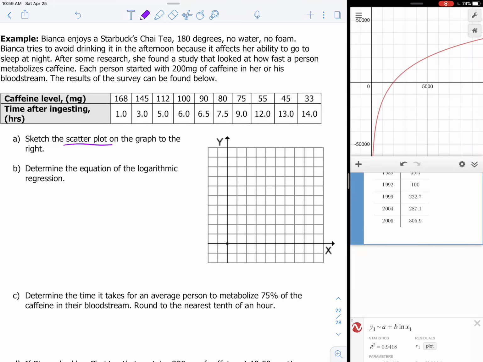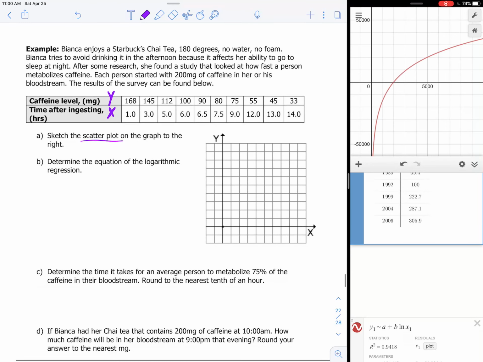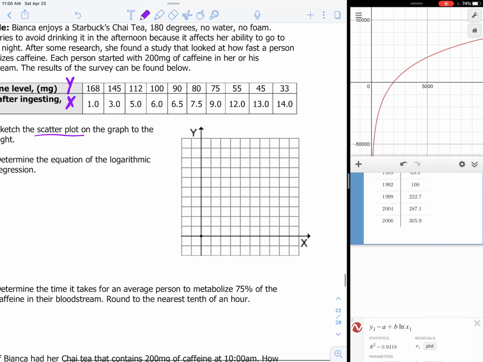How much caffeine we have in our bloodstream will be affected by how long since we've had that caffeine product. So time is going to be our independent, which means time goes on our x-axis, and the amount of caffeine depends on that, so it is our y and goes on our y-axis.